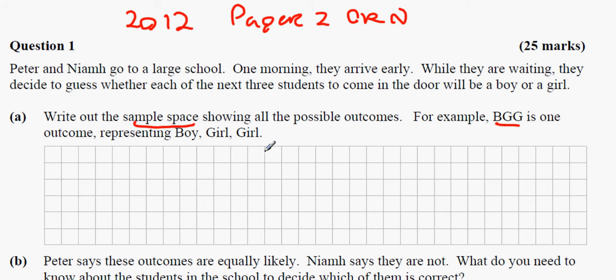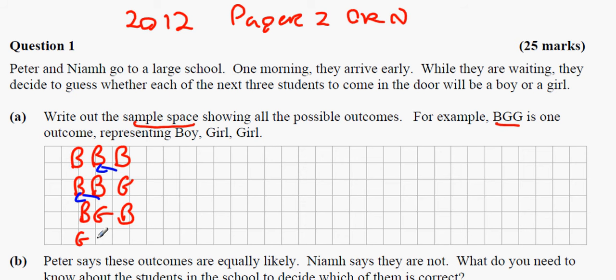So what we can have here is boy, boy, boy, then 2 boys and 1 girl. Now the system I use is I basically move the girl over. So then I have boy, girl, boy. Move the girl over one more time, and then we have girl, boy, boy.